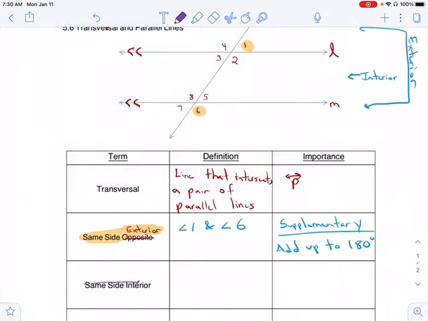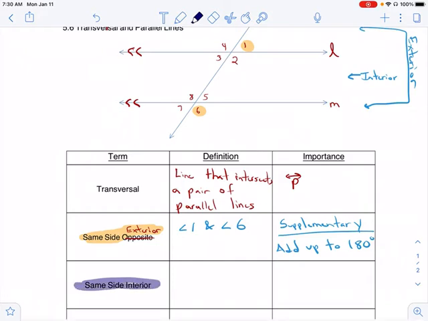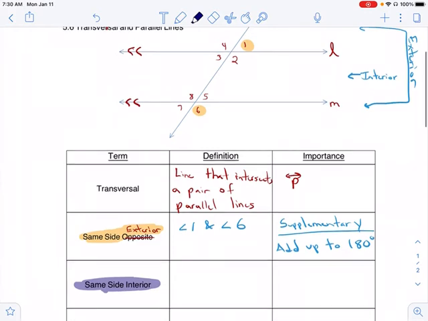Same side interior. Okay, so here's our same side interior angles. And there's two different sets of those. There's two different sets of same side exterior as well. So 1 and 6, 4 and 7 are both same side exterior. For same side interior, I might go with 5 and 2 here. So that's angle 5 and angle 2, and these are supplementary as well.